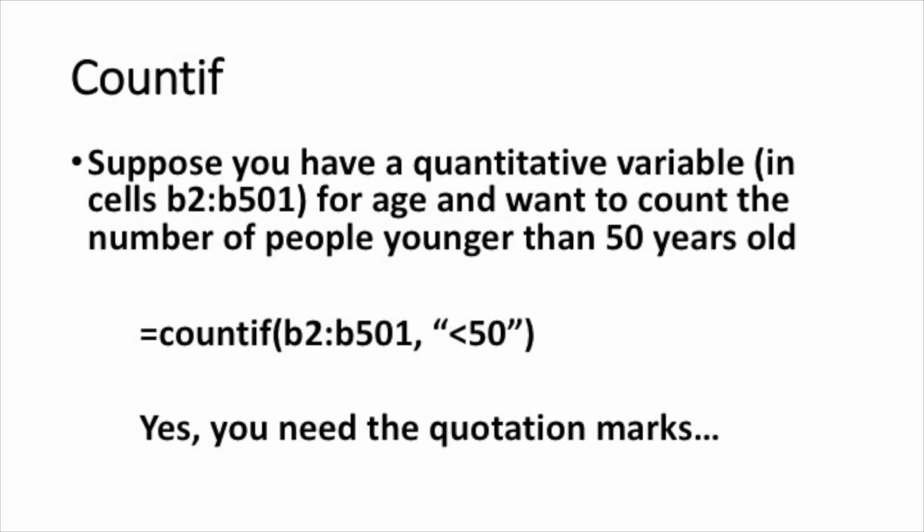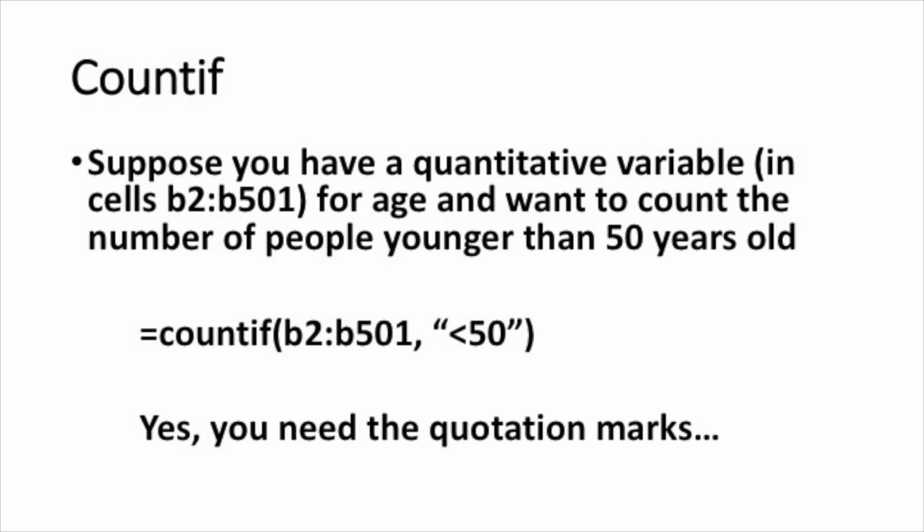Or let's say you have a variable that measures people's age and it's in column B. I always use column B as sort of my go-to example. And you wanted to count the number of people that are less than 50 years old. Once again, let's say we have 500 observations and they're in cells B2 to B501. You'd use the COUNTIF function, and it'd be equals COUNTIF, parenthesis, B2 colon B501.